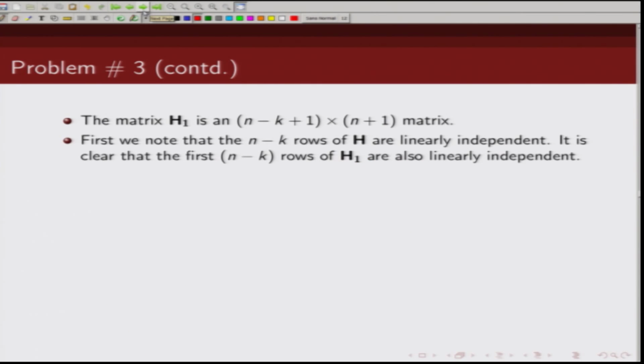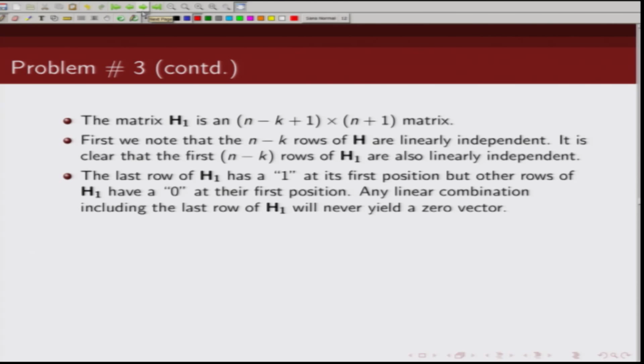That is what we are saying: since n minus k rows of the original parity check matrix H are linearly independent, the first n minus k rows of the new parity check matrix H1 will also be linearly independent.